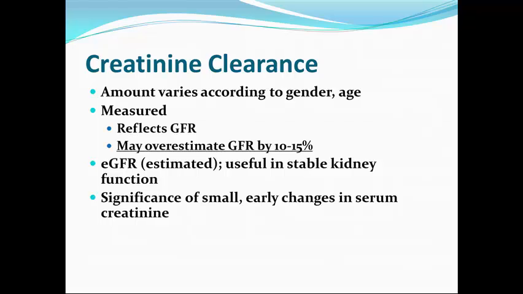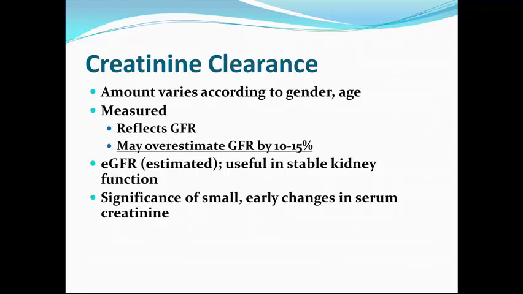We use estimation formulas like Cockcroft-Gault or the CKD-EPI formula, and we plug creatinine, body weight, gender, and even ethnicity values into the formula. Now, these are useful in stable kidney function. We cannot use those in rapidly changing kidney function as we would see in an acute kidney injury, because again, there's going to be some lag time there.